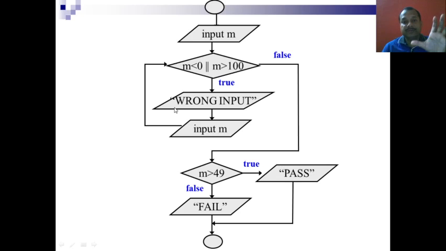You output the message that it's a wrong input and you ask for another input, and then you go back here and keep on checking, and it will keep on looping here until you get one value which is between 0 and 100. Once you get it, the condition will be tested as false, then the flow will come from here to here.